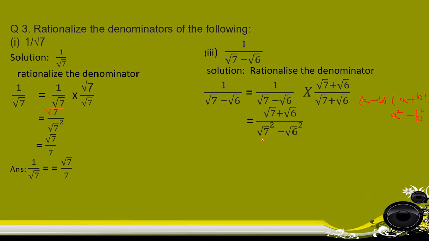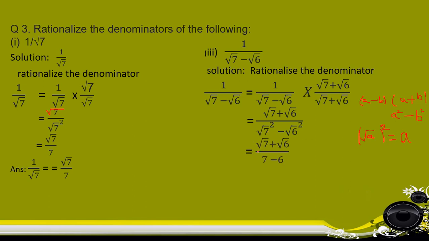Now, as we know, in general, if the square root of a is wholly squared, then it becomes only a. So these two quantities become 7 minus 6.